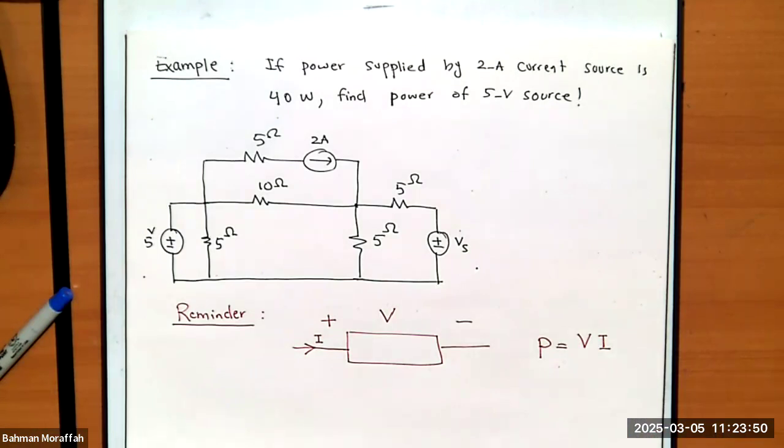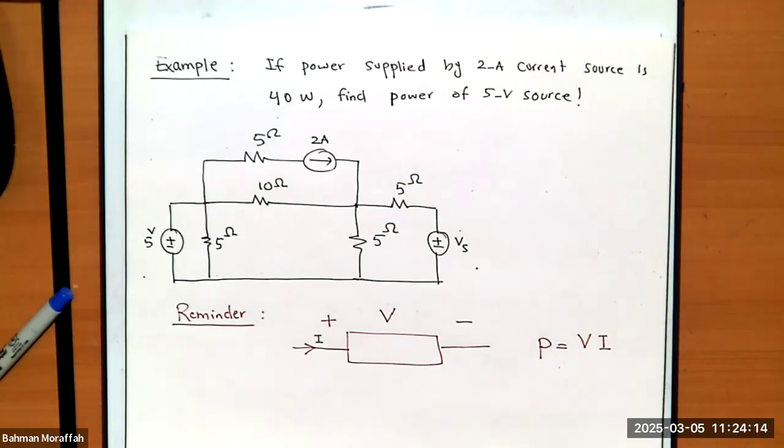But this power could be positive or negative. It is positive if the positive direction of the current hits the positive sign of the voltage here. What it means is that voltage across this element is positive, current through it is positive, therefore VI is positive.